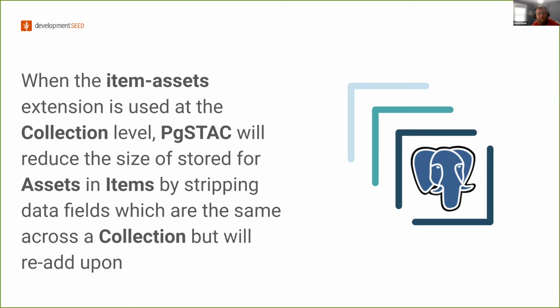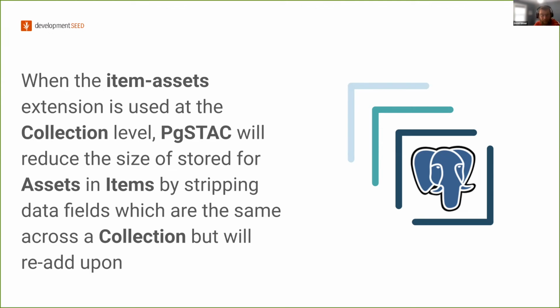You saw on the Planetary Computer, we had 1.7 billion assets for 87 million items. That means we've got some monster JSON that's getting stored.